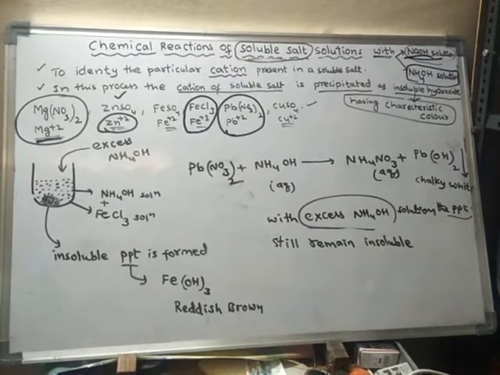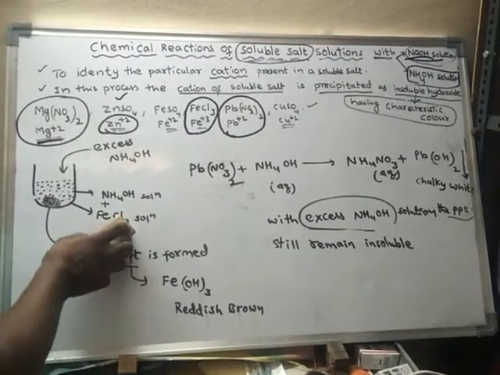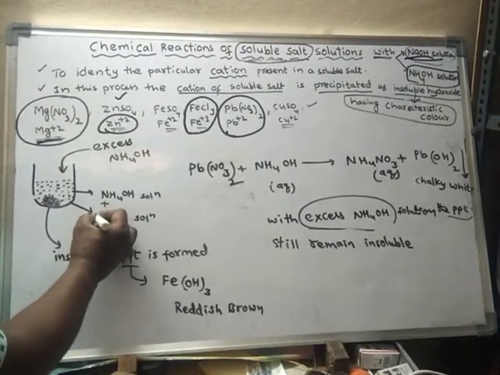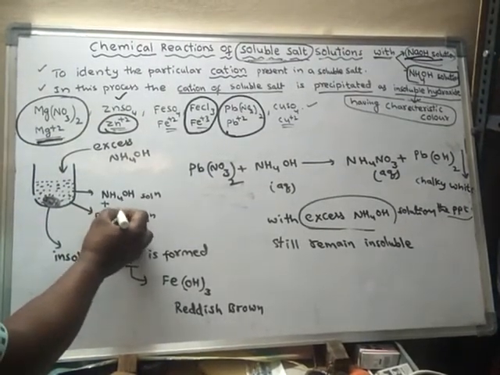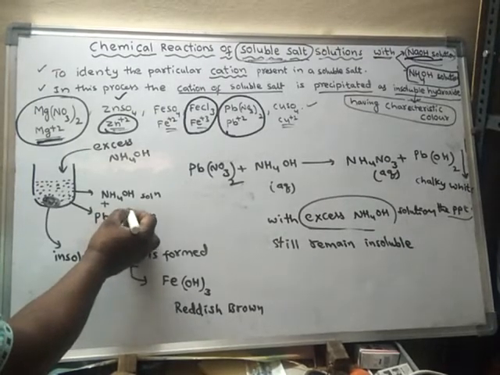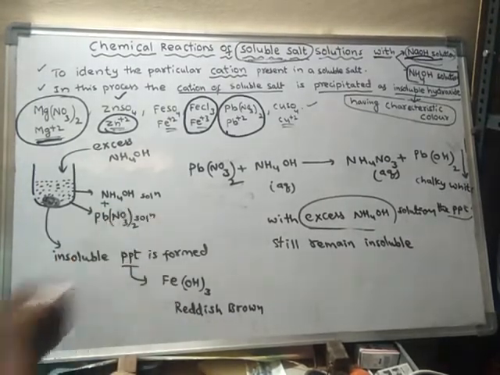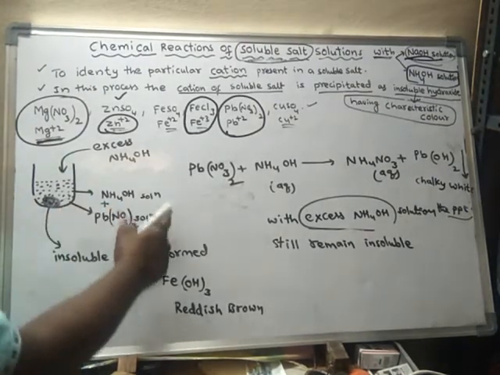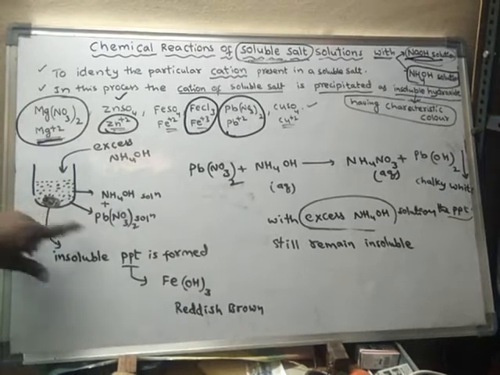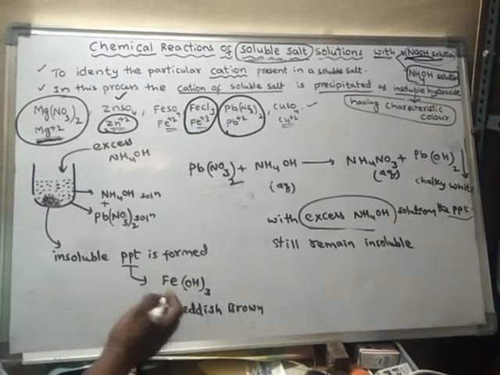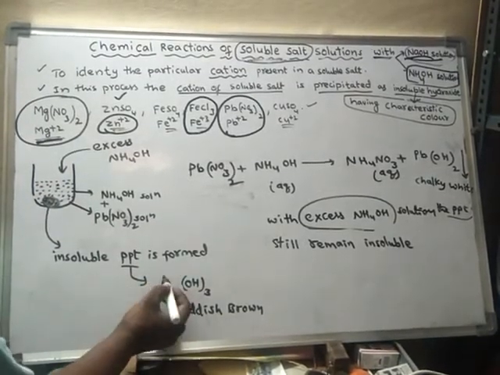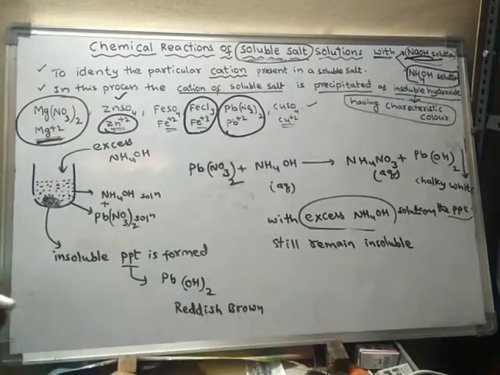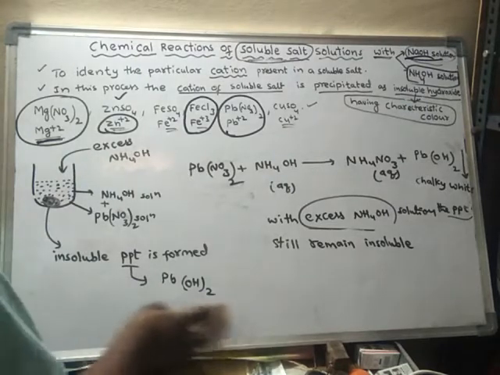So from this it is understood that the soluble salt solution is lead nitrate, and the insoluble precipitate formed by the reaction between these two is lead hydroxide, Pb(OH)2, and the color of this one is chalky white.